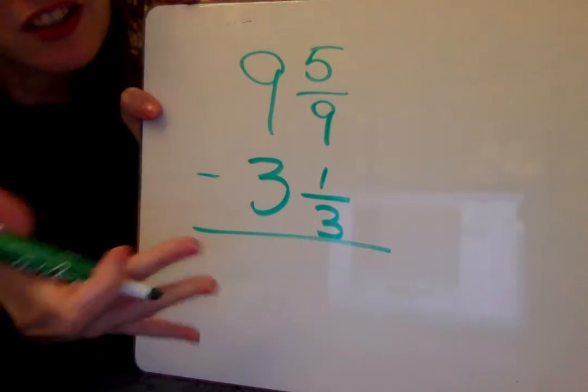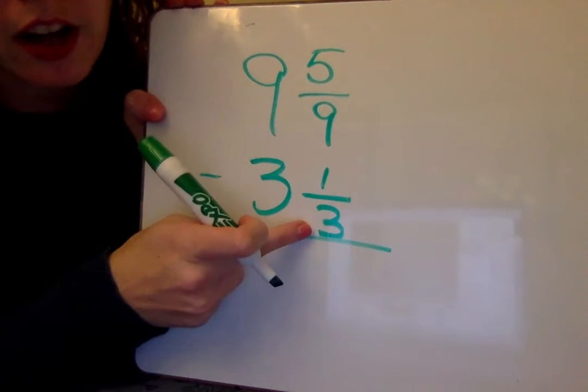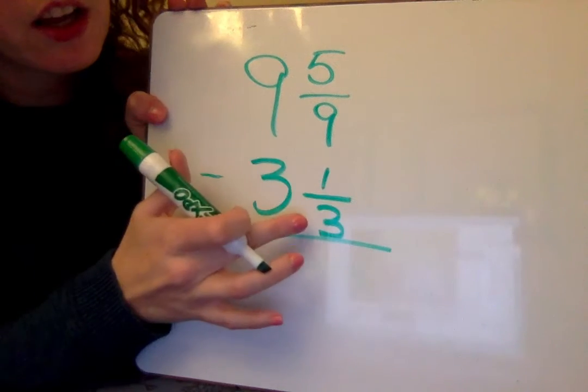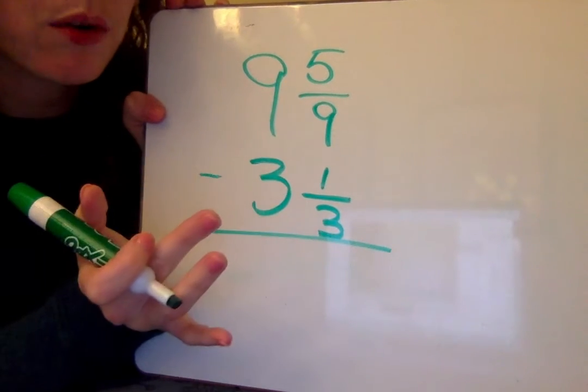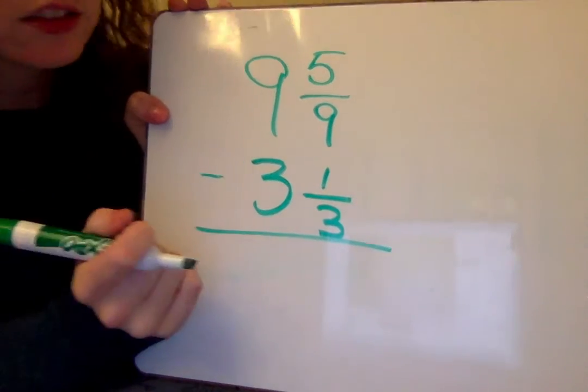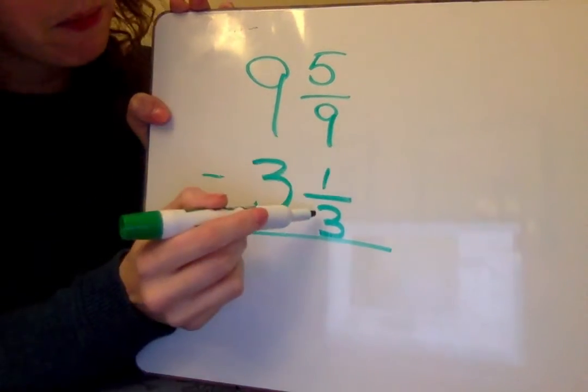It looks like I can easily subtract it, but I can't because my denominators are not the same. So I need to make them the same. I'm looking at 9 and I'm looking at 3, and I know a common denominator for 9 and 3 will be 9. I don't have to change this one because it already is a 9, but I do have to change this.